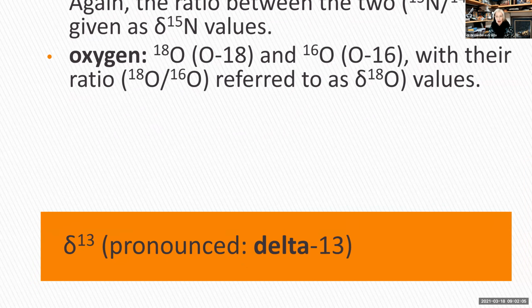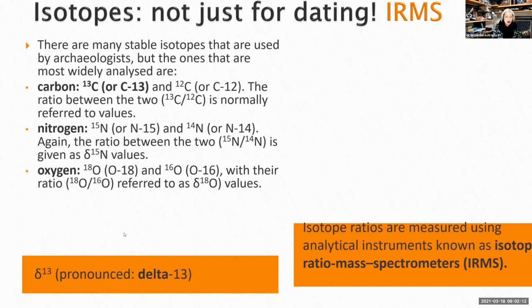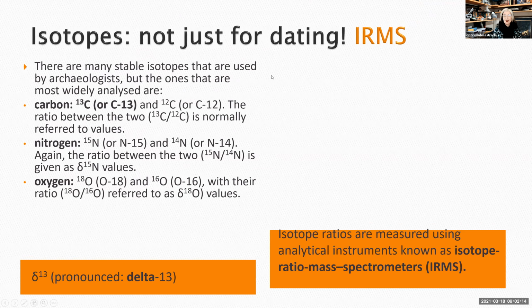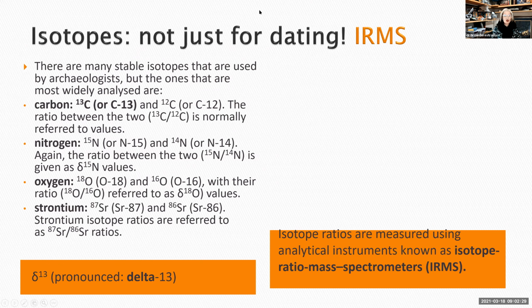So delta 13 versus 12. We don't have a chemistry precondition for the course, but that doesn't mean that understanding some things that a chemist specialist puts together isn't a great idea for us in the modern world. And then strontium. So carbon, nitrogen, oxygen, and strontium.